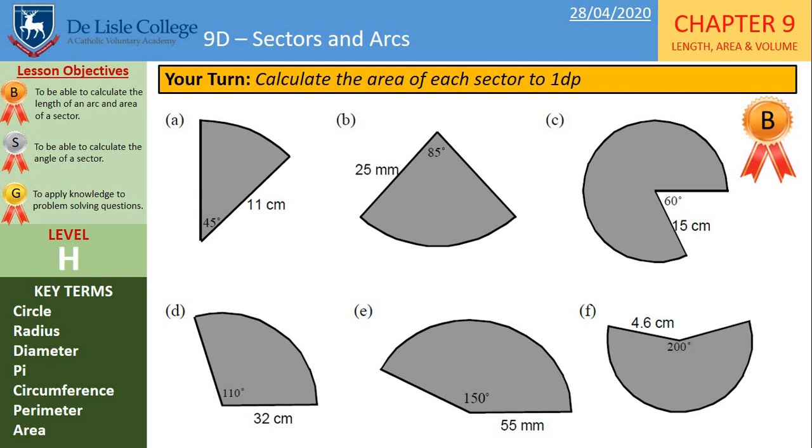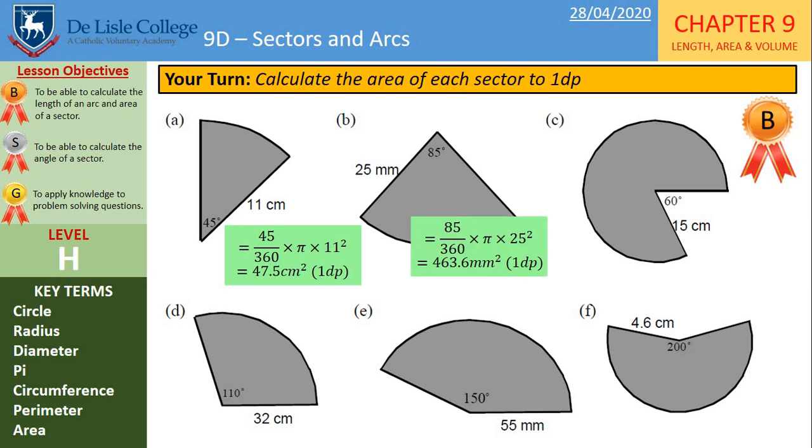Right, let's check answers. Question A is 47.5 centimetres squared, and you can see the working there as well. B, 463.6 millimetres squared. C, 589.0 centimetres squared. Like before, we must have the 0.0 to show that we've done the rounding correctly.